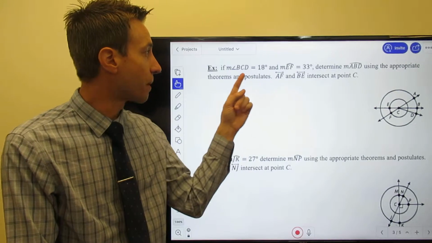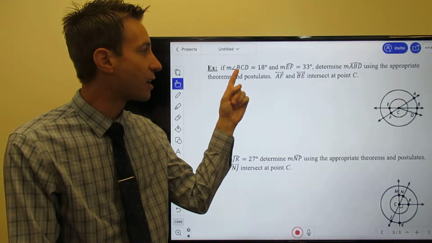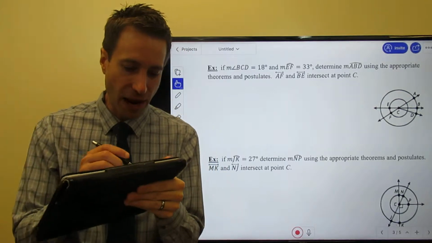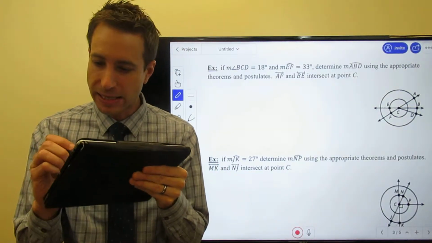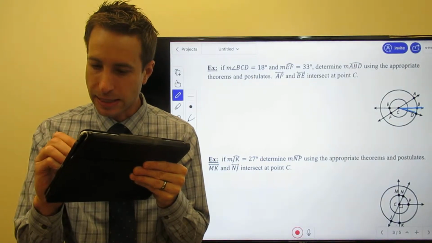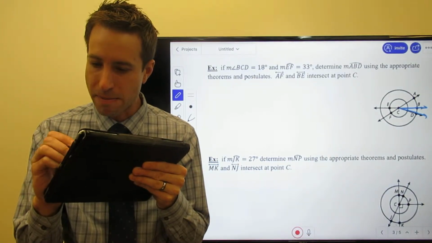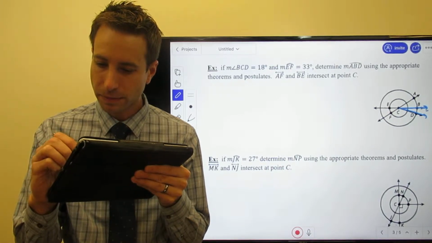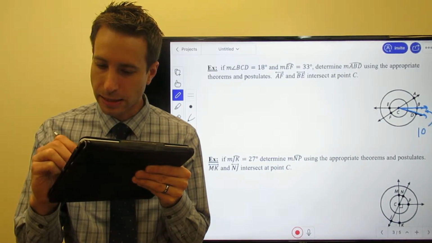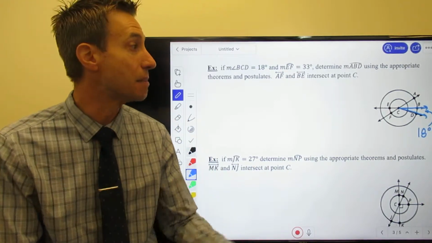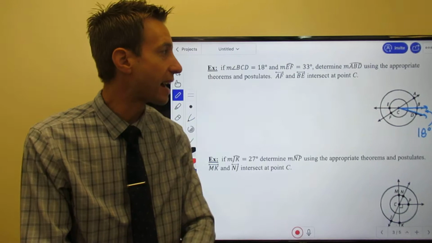We'll jump right into this by first noticing that I tell you the angle of BCD is 18 degrees. Let's find BCD. BCD is this guy right here. And I tell you that the measure of that is 18 degrees. Fantastic, that is the measure of that angle.